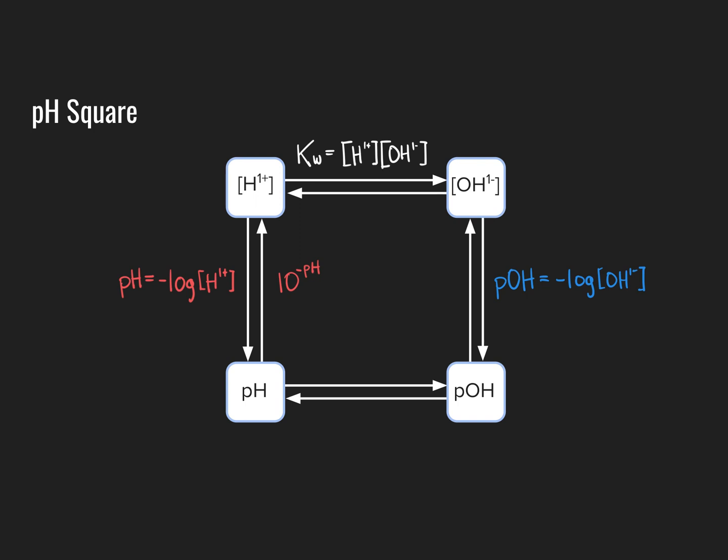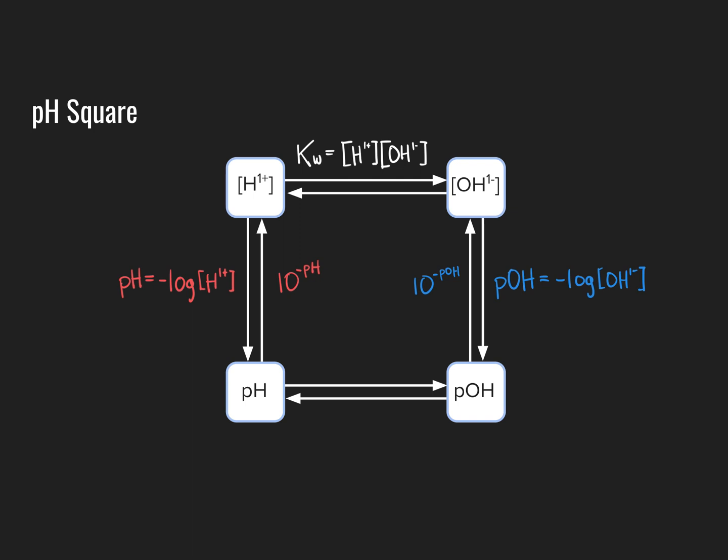And again, it's going to be the minus pH power, recognizing that the P function is the negative logarithm. And as well, we could find the hydroxide ion concentration by simply inversing the operation again. That is, the hydroxide concentration is 10 to the minus pOH power. So we're now able to move around most of the pH square.